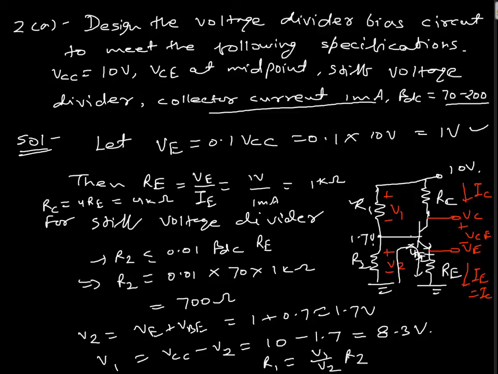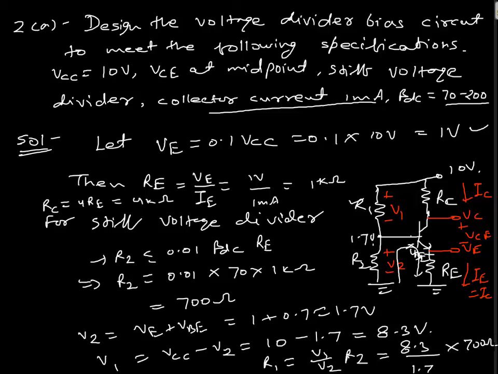So what is V1? 8.3 divided by V2, which is 1.7, into R2, which we got as 700 ohm. Okay, so let us solve this. What will we get? 8.3 divided by 1.7 into 700.